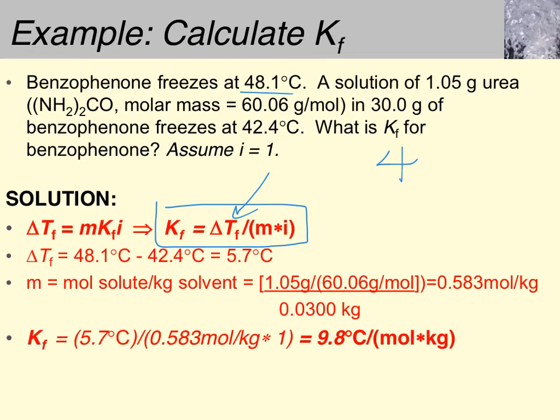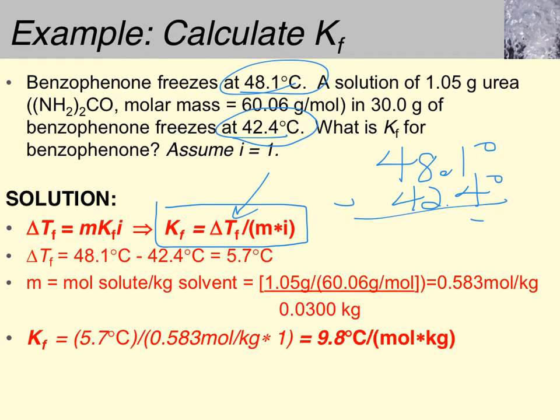So let's see, original freezing point of pure benzophenone minus the freezing point when urea has been dissolved in it. So the change in temperature is 5.7 degrees Celsius. Okay. And so that gets plugged in for delta T.